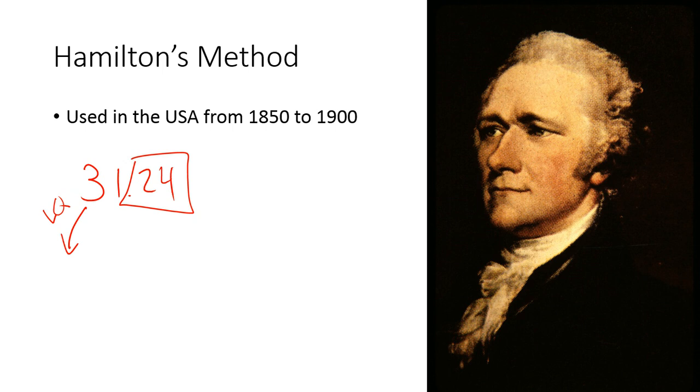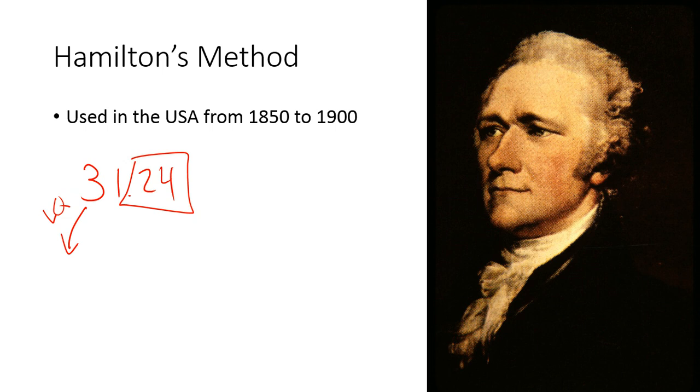The one good thing about this is that it does not violate the quota rules. It doesn't break upper or lower quota. The problem is that it does favor the larger states, not too much, but it does favor them, in most cases.